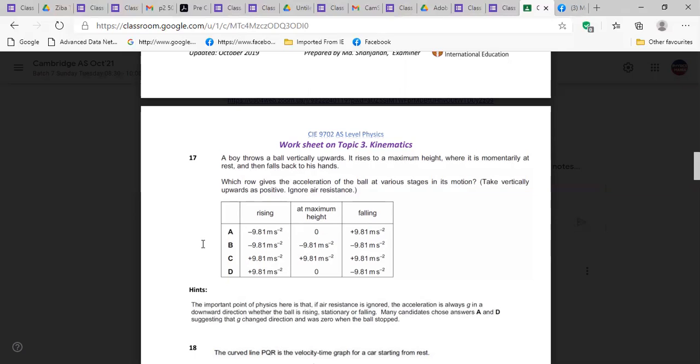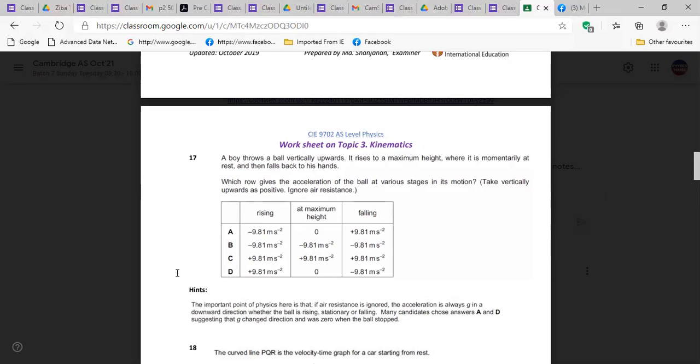About this one, you think more. Hints are given here, and these hints are taken from the examiner's report. For every exam series, after the result is published and the examiners have checked all the scripts, the principal examiner makes a report.